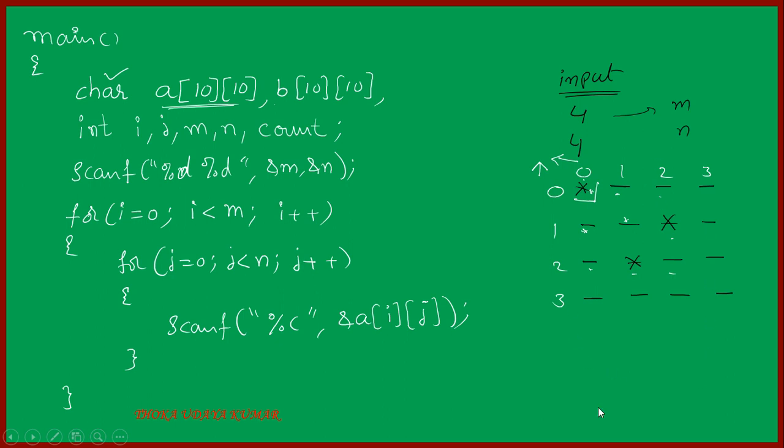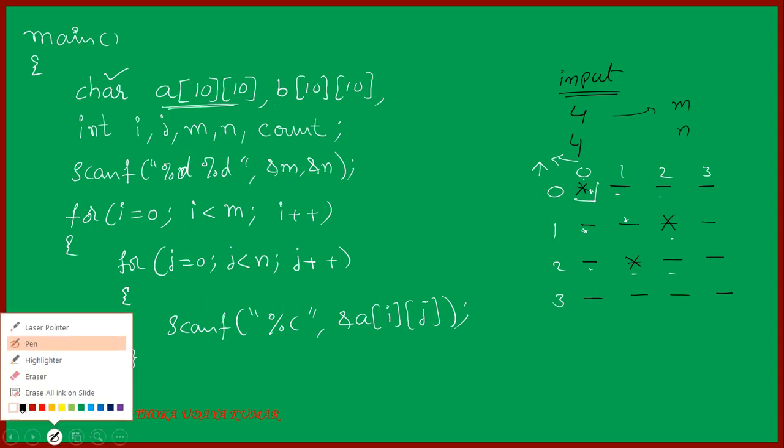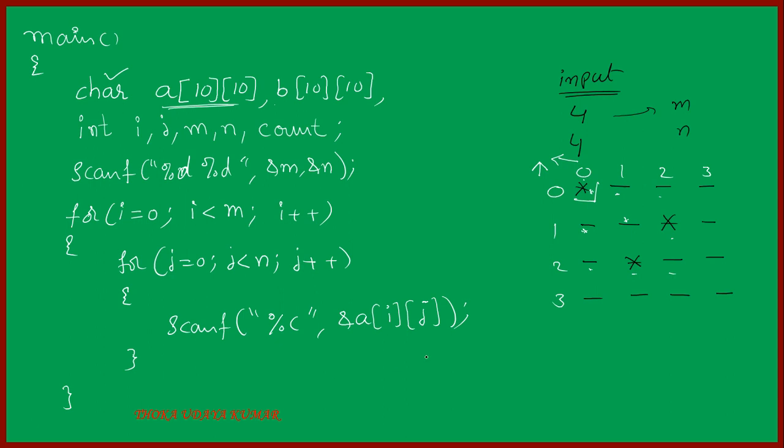Okay, right. So what output will you get for this? You will get it like this. For the first one, we are verifying whether it is a star or not. If it is a star, we will put star as it is. And here the second value is not a star.